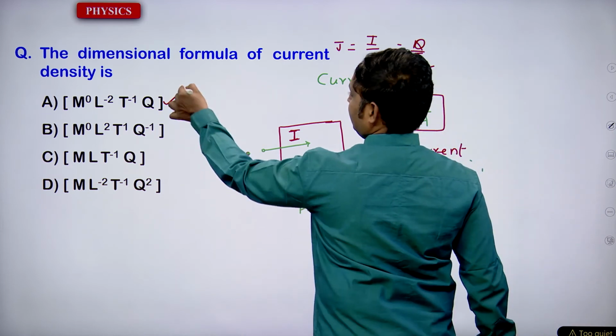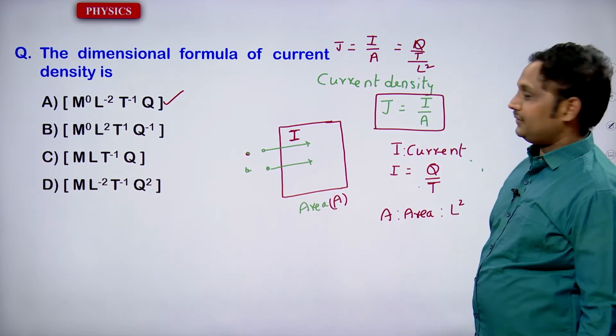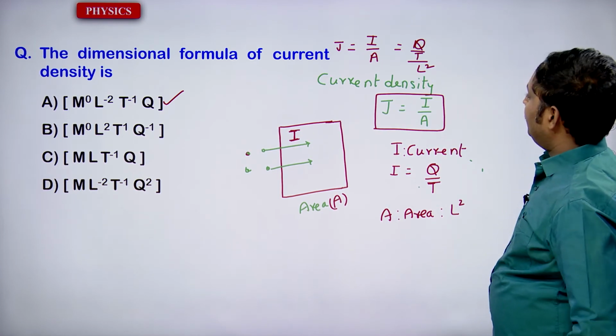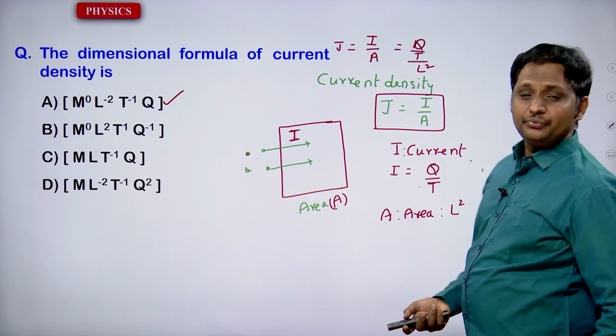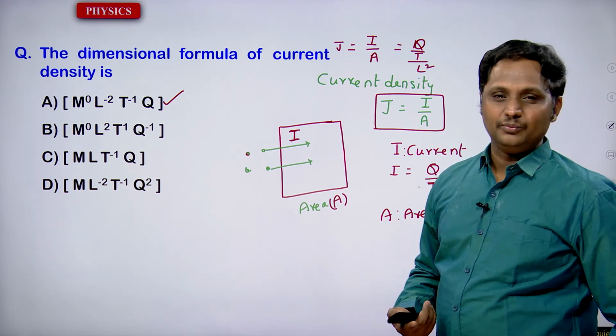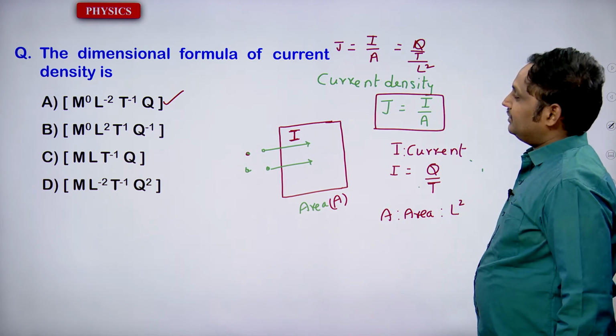This is going to be the correct one. The dimension Q, if Q represents the charge, the unit for that is the coulomb.